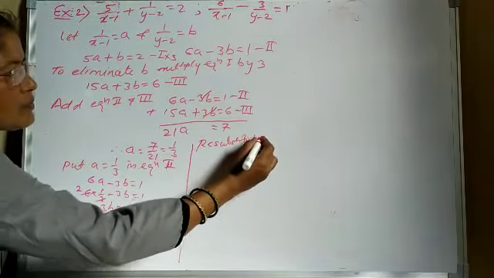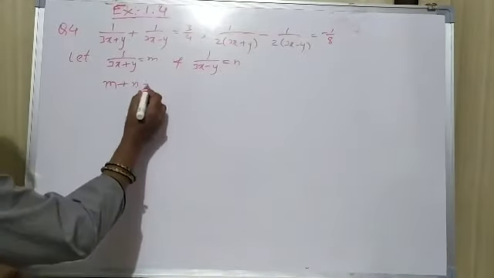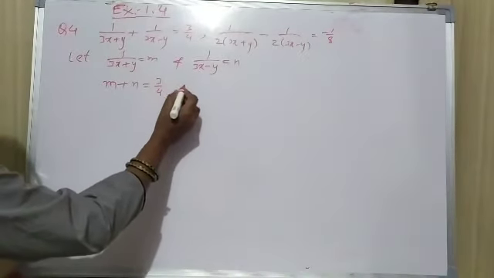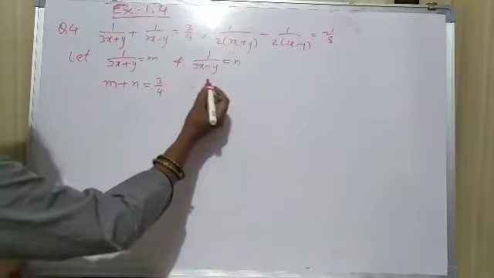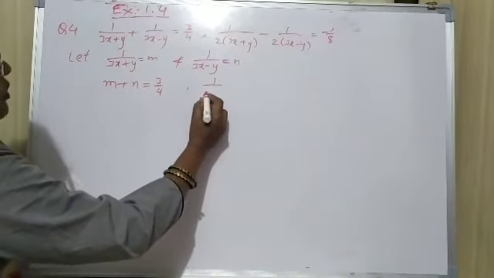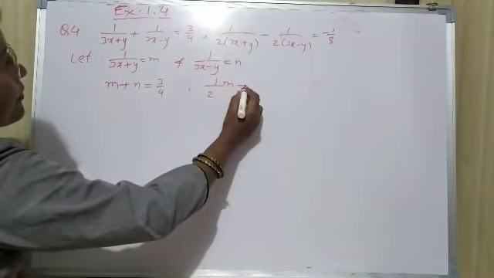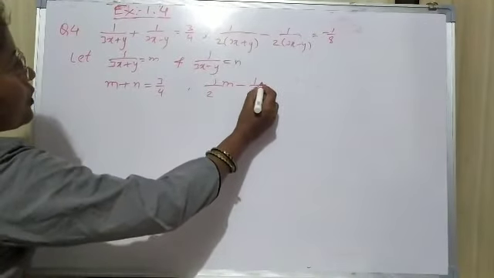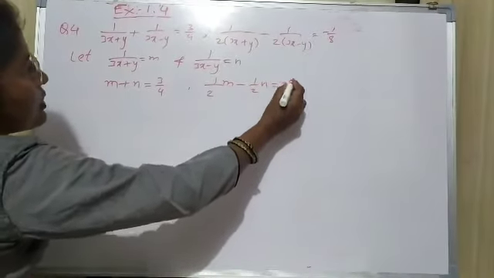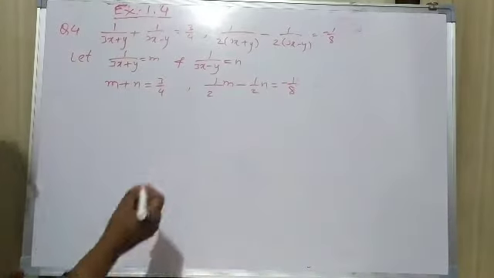First equation here, 1 upon 3x plus y is m, plus n, which is 1 upon 3x minus y that we have taken, is equal to 3 by 4. And the other one, 1 upon 2 m minus 1 upon 2 n is equal to minus 1 upon 8.